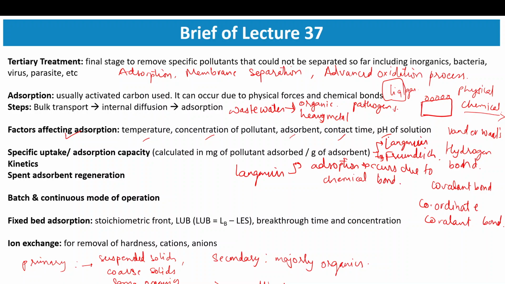Okay, so you find out what is the better fit and you can suggest what is the nature of adsorption taking place. And also you will be able to find out what maximum amount of adsorption can occur onto the surface of adsorbent.